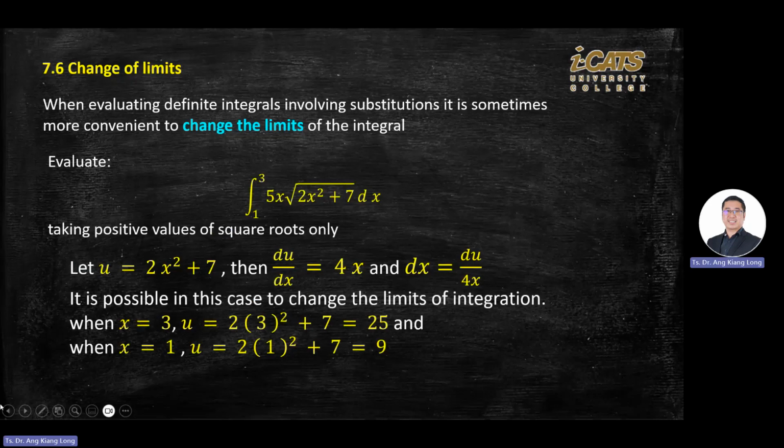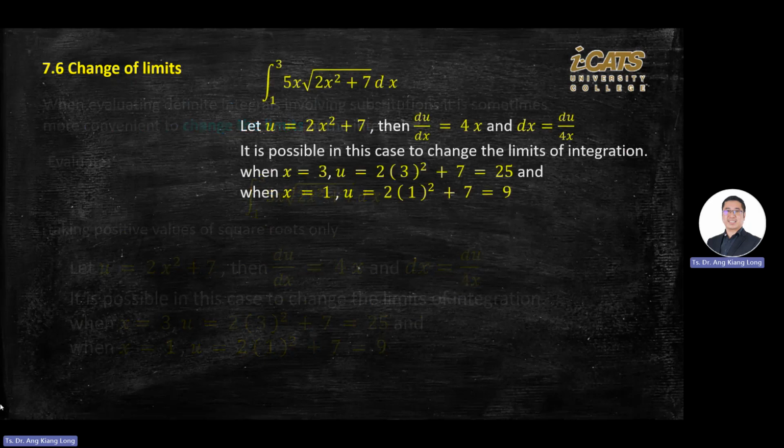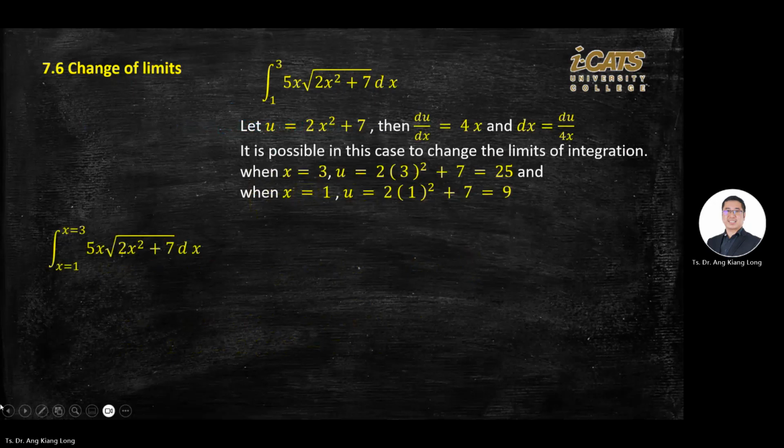This one is for your x limit, but when you change into u term, you need to change the limit also in the u dimension. So when x equals 3, your u is 25. When your x is 1, your u is 9. You change this whole set into a u term, and it will look like this.